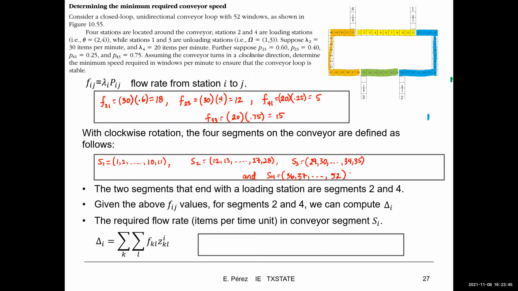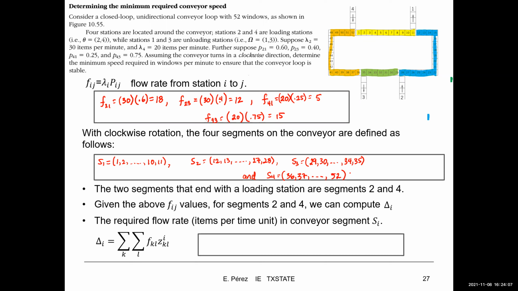Okay, so I have 4 segments on this conveyor, and that is defined based on the location of each one of these loading and unloading stations. So I define S1 or segment 1 from 1 to 11, it ends on this unloading station.